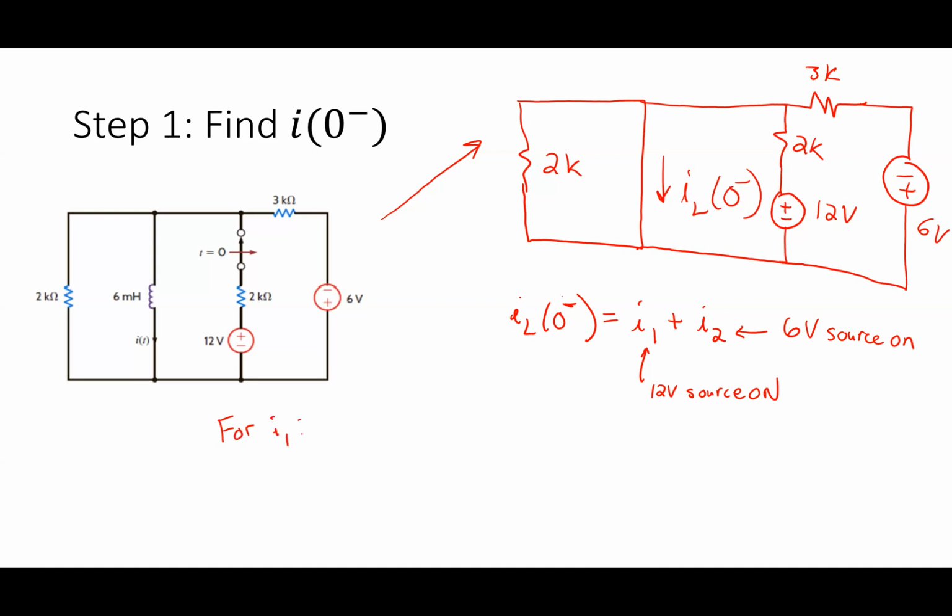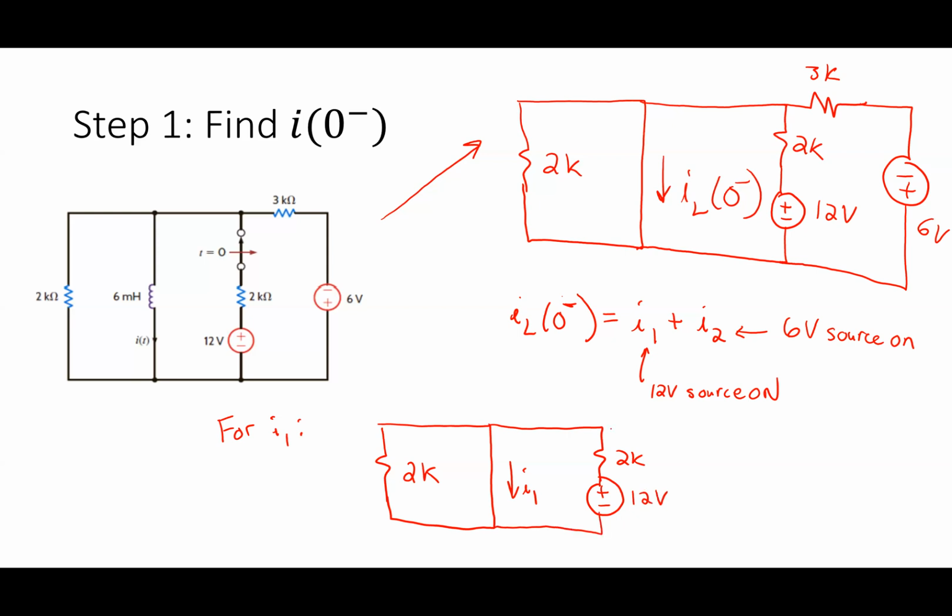Okay. So for I1, I would have what? I would have the 2K. I'd have my short circuit for the inductor. I'd have my 2K, my 12 volts. And then over here, I'd have this 3K.